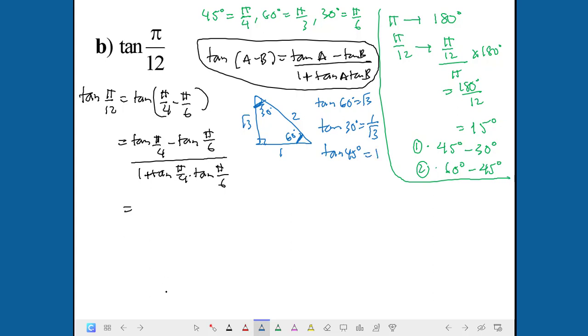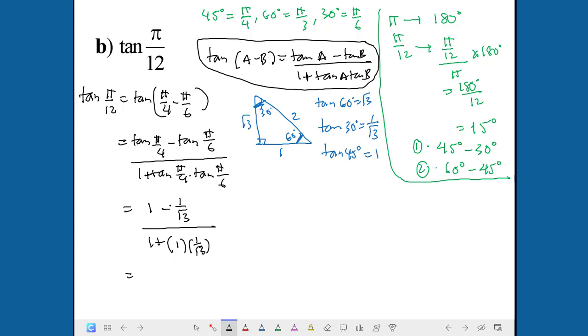Okay, then substitute the values. Tangent pi over 4, which is 45, is 1, minus tangent pi over 6, tangent 30, which is 1 over root 3, over 1 plus 1 over root 3.